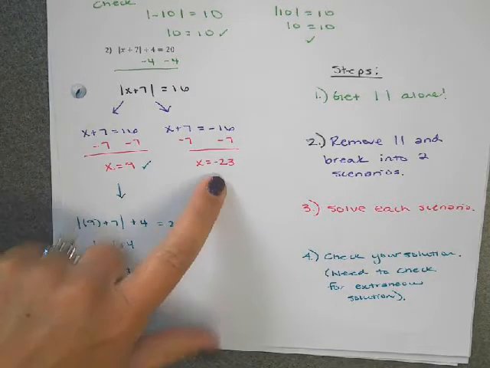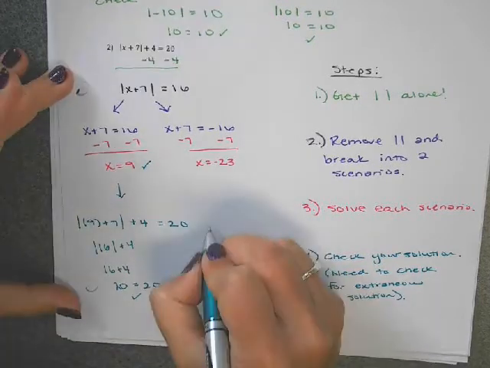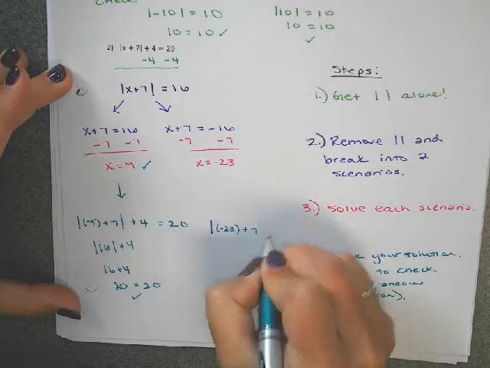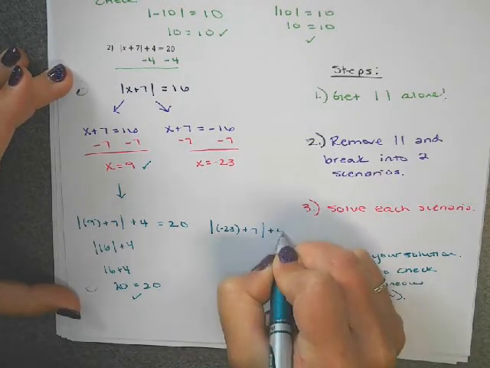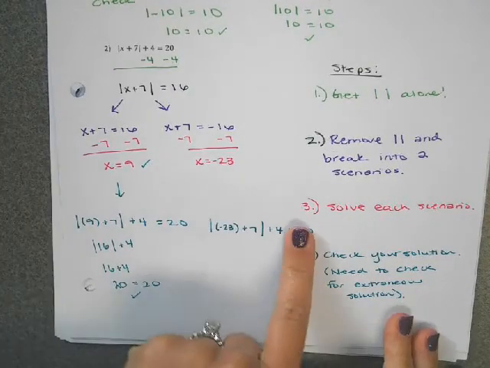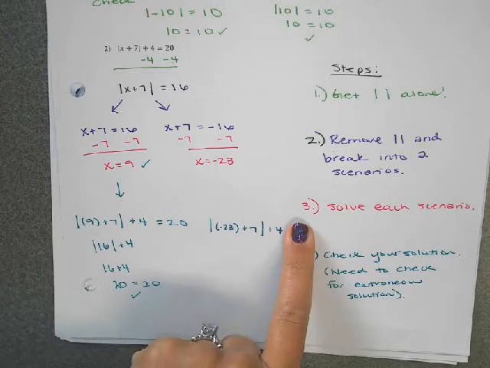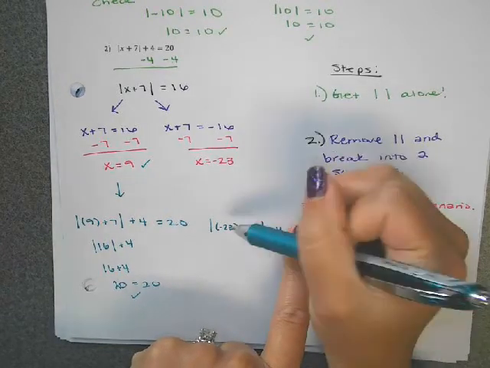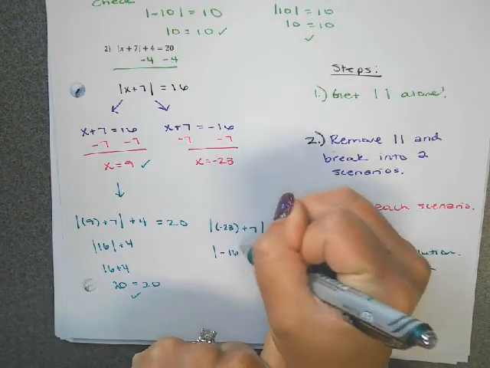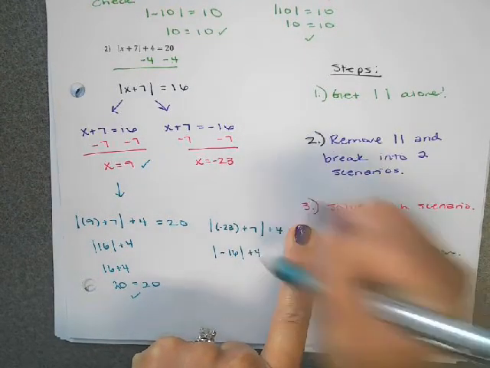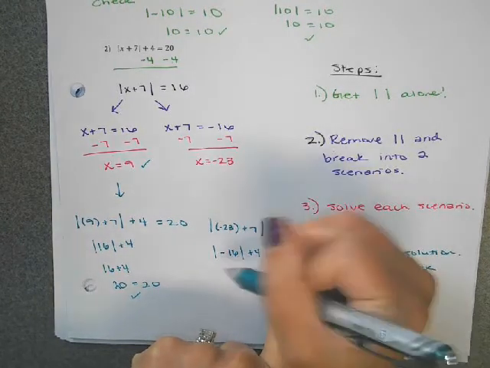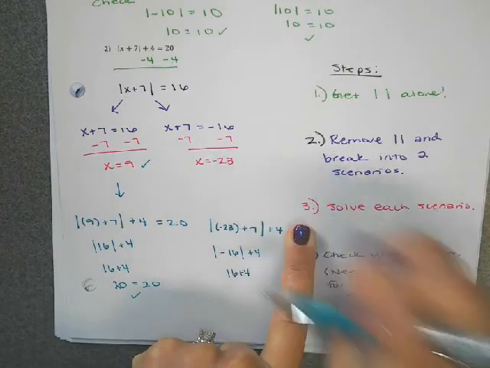All right, now I'm going to do the same thing, but this time with negative 23. So from the beginning, I have negative 23 in for x, plus 7, add 4 to that, equals 20. Pretend the right side's not there. We're going to work at simplifying that left side. Inside the brackets, we have negative 16 plus 4. The absolute value of negative 16 is 16 plus 4.